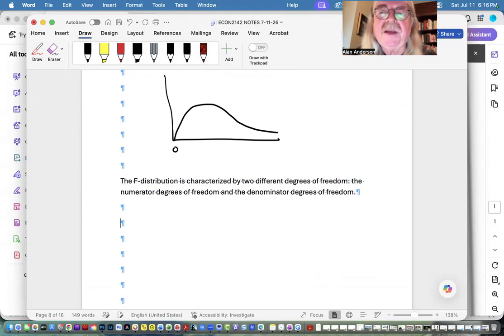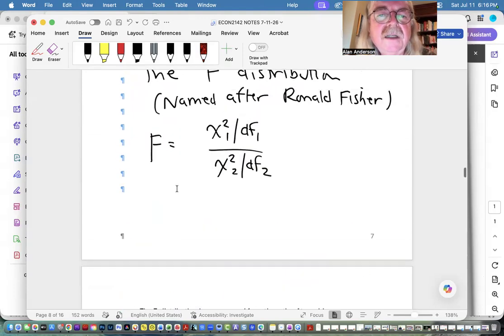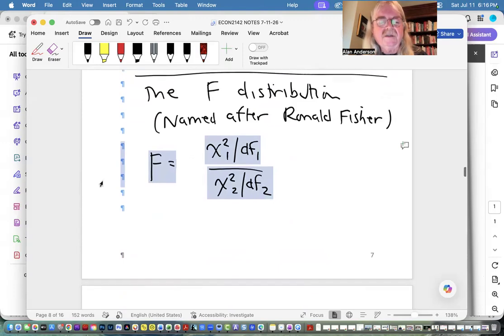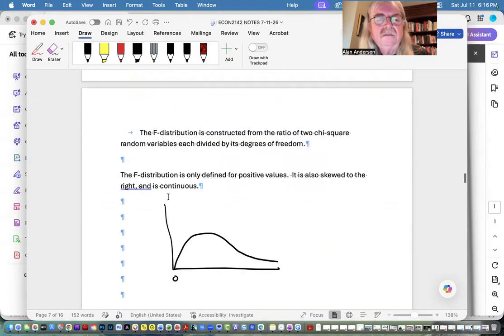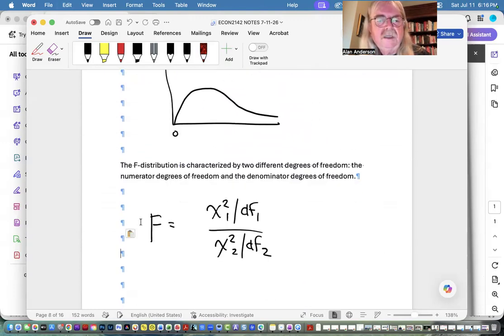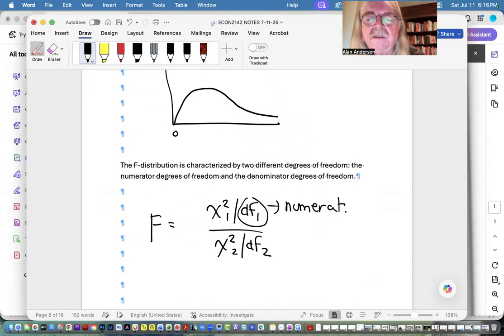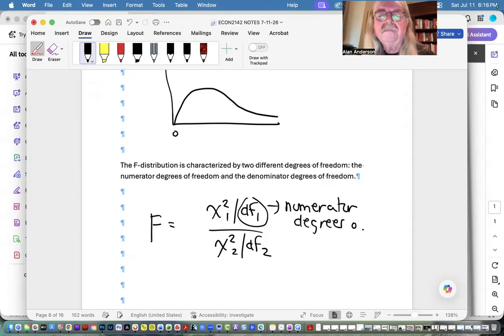And obviously that comes about because of the way it's defined. In other words, let's copy this down here. And whatever this number is, this is clearly the numerator degrees of freedom. And this obviously must be the denominator degrees of freedom.